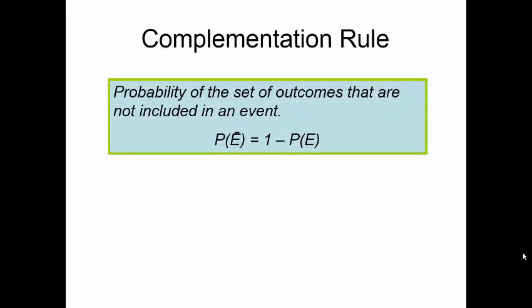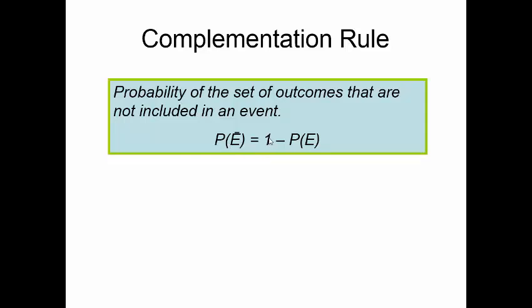The complementation rule. The probability of the set of outcomes that are not included in the event can be given by simply the probability of the complement, which will be given by 1 minus the probability of the event, because this and this have to add to 1.